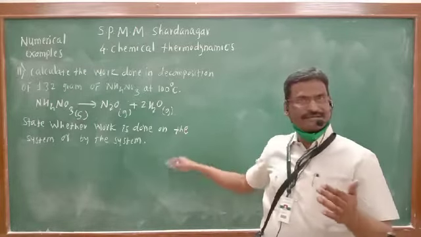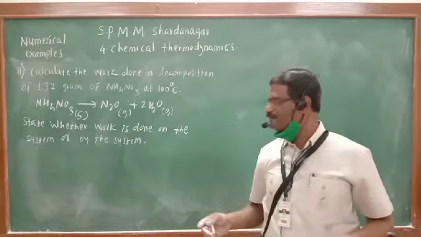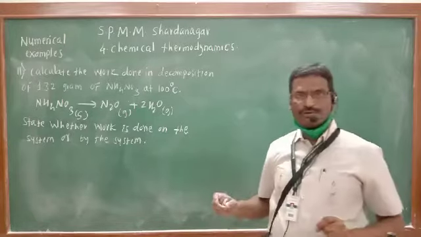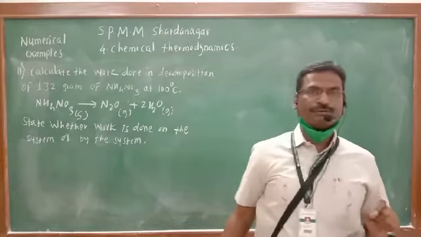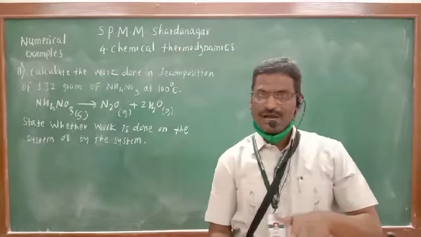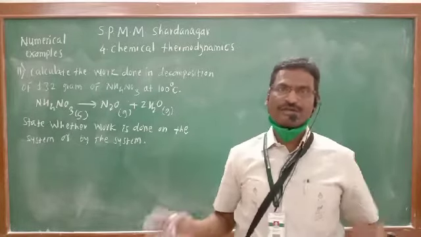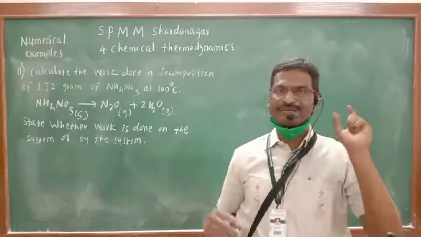On the system means compression, by the system means expansion, and we know if the answer of work done comes to be positive, it is the work done by surrounding to the system, and if the answer is negative, that is the work done by system to the surrounding, because that is expansion.